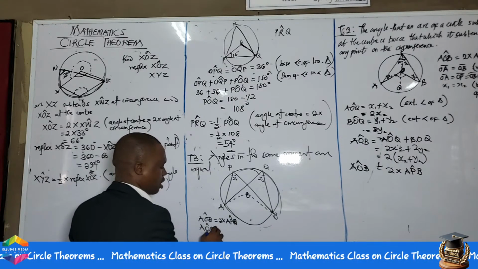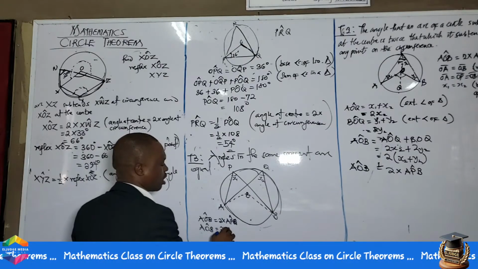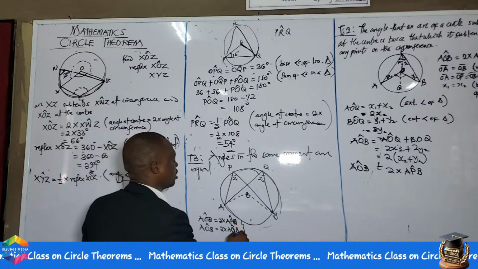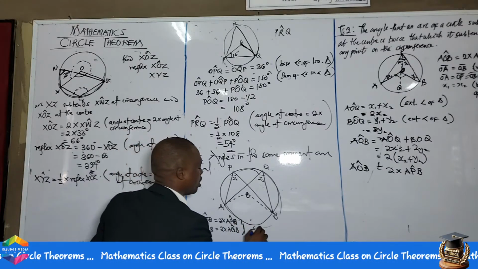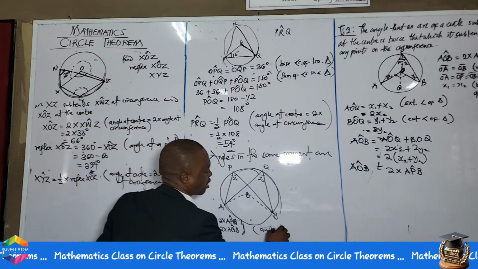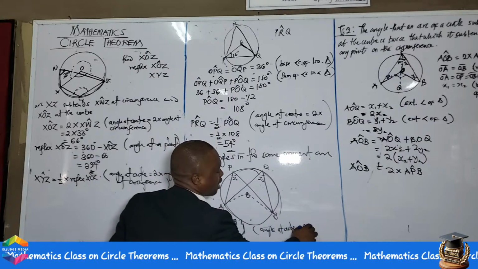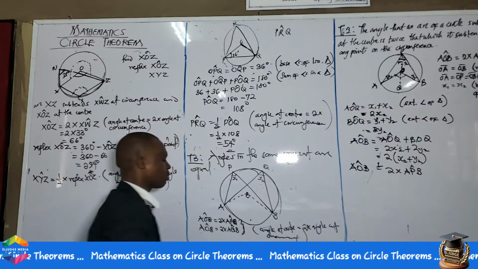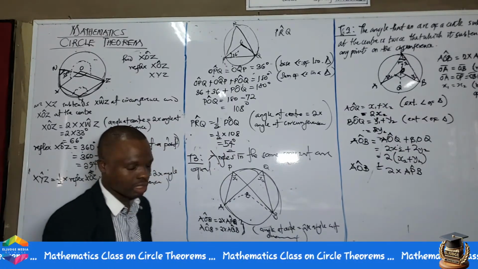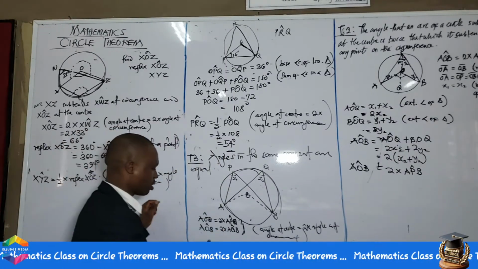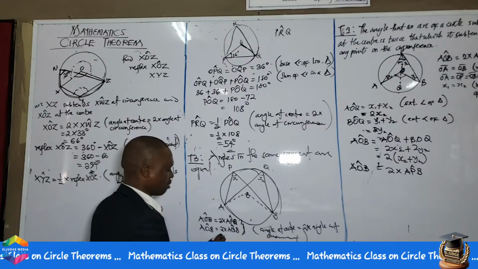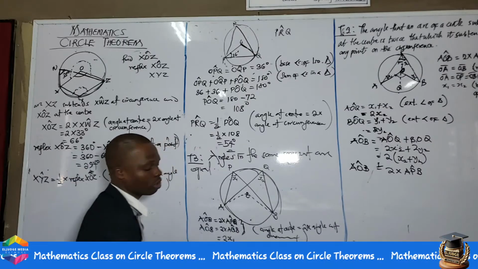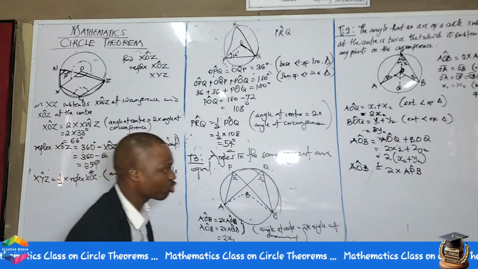AOB is the same thing as 2 times angle at AQB. And the reason for these is: angle at center equals 2 times angle at circumference. If that is the case, then AOB is the same thing as 2S1. AOB is the same thing as 2S2. And that means that 2S1 equals 2S2.